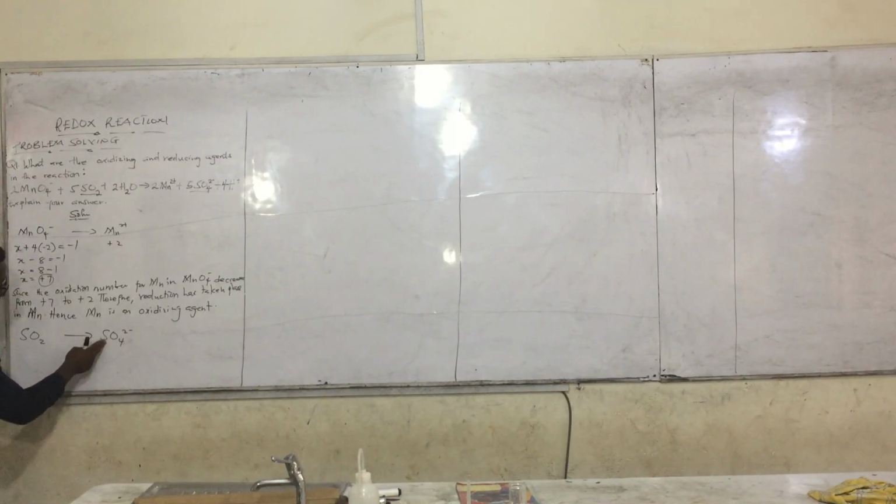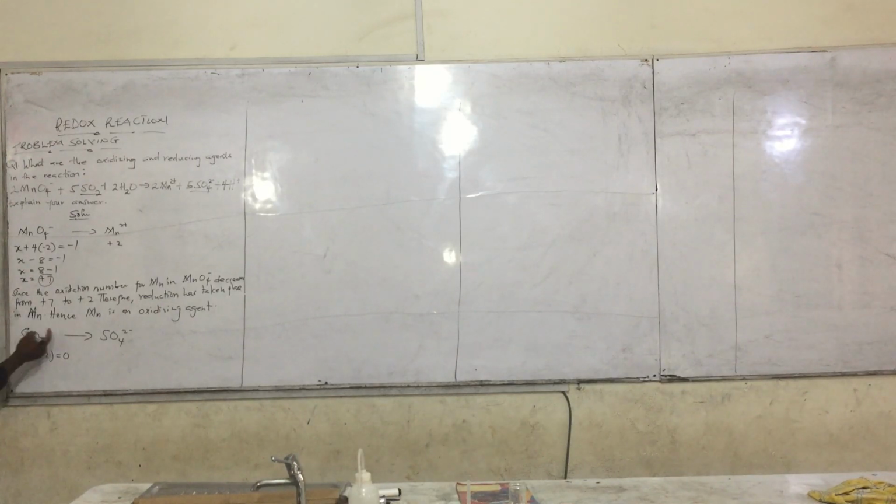Here too, in SO4 2 minus, this anion, we have the central atom to be sulfur. So we want to look at the change in oxidation numbers for the sulfur both at the reactant side and at the product side. So the central atom is S. So S plus 2 into bracket minus 2, and the whole charge is 0. There is nothing here, so it's 0. So you have S minus 4 is equal to 0.